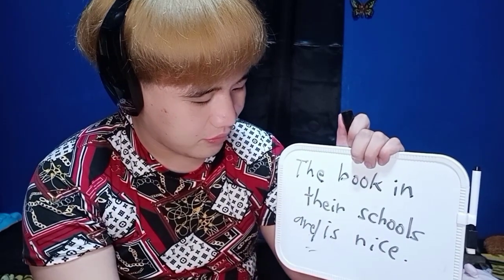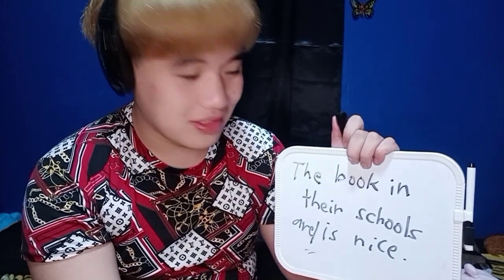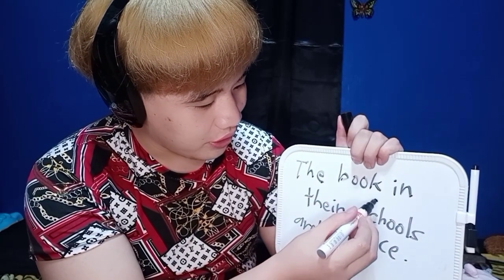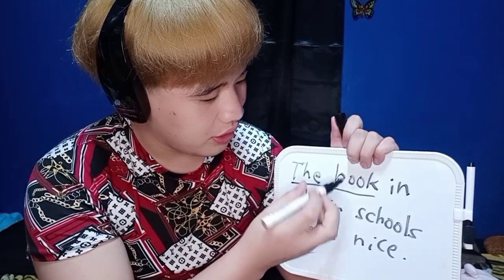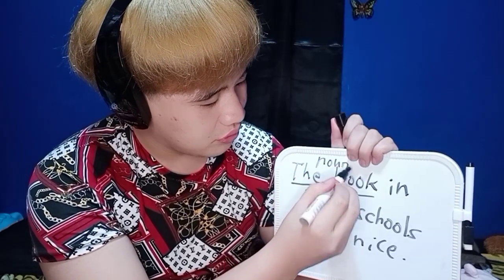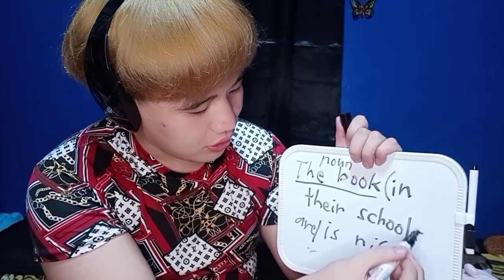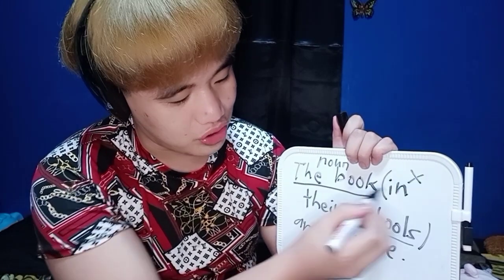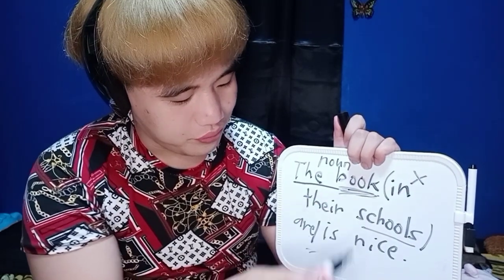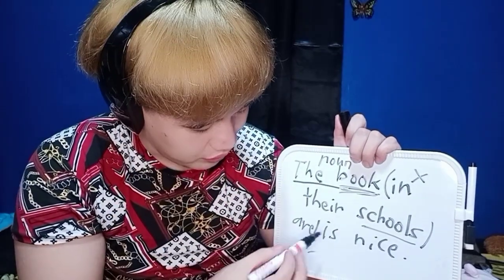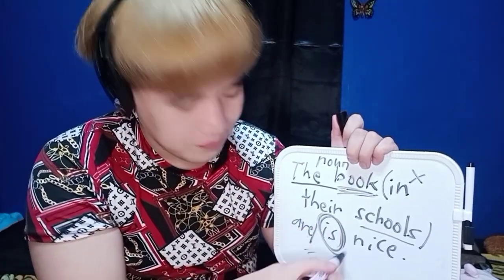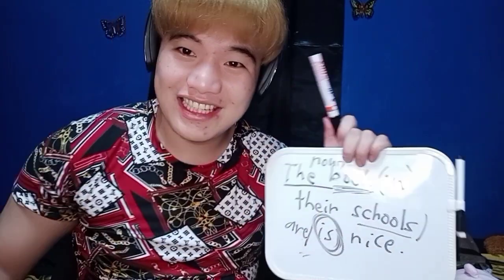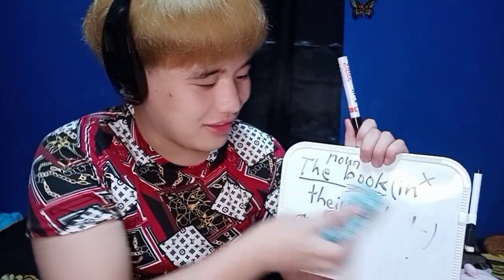For us, again, to determine the subject, we need to look for the noun. So the book definitely is a noun. However, in is a preposition, so therefore in schools is not the subject. The subject is the book. So the book is only one, so this is now is. Alright? So as simple as that.